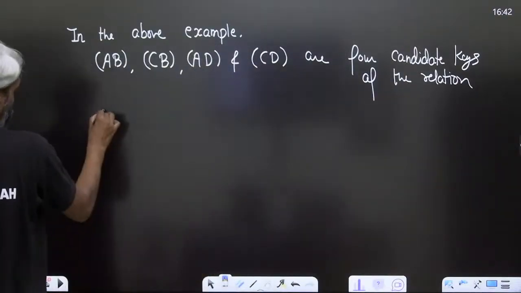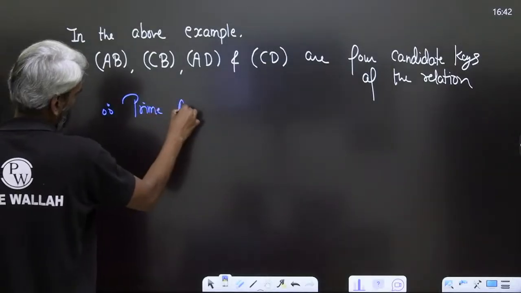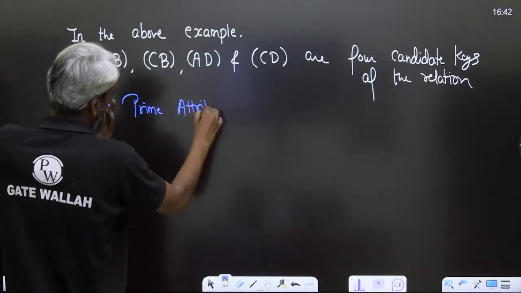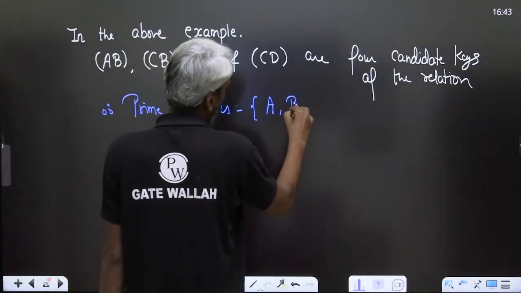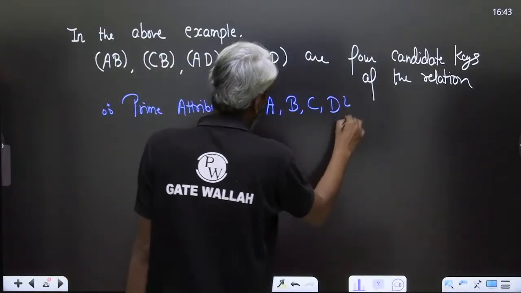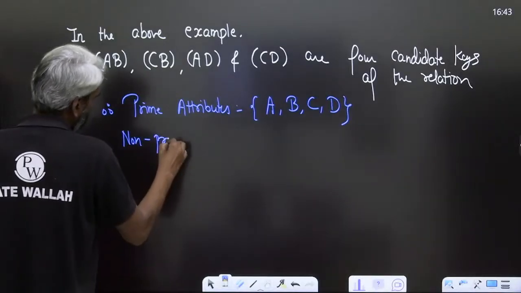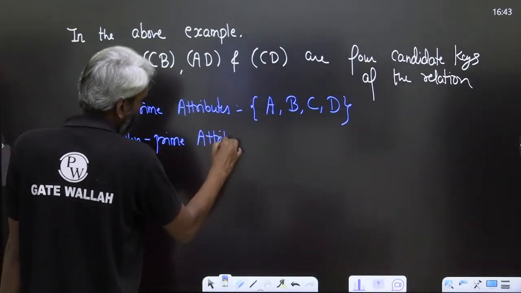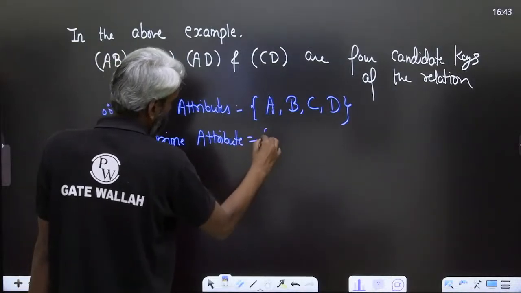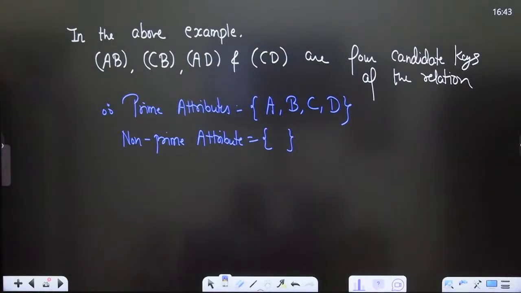Therefore, the prime attributes are A, B, C, D. Non-prime attributes: there is no non-prime attribute in this relation.